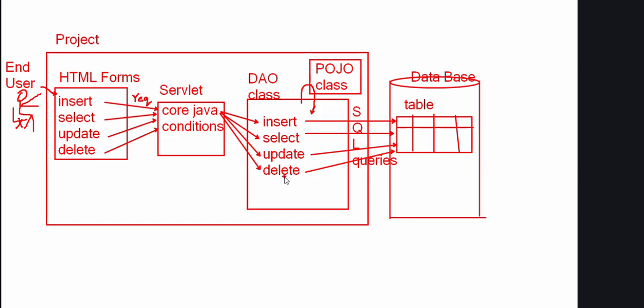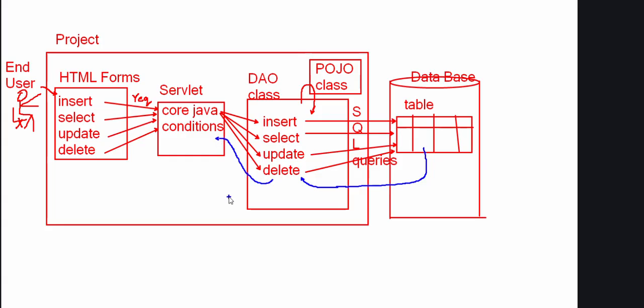Then the insert, select, update, delete methods execute SQL queries on the database table in the background. The database table returns the result to the DAO methods. Then the DAO methods return the result to the servlet.